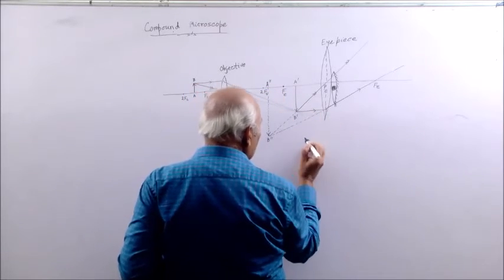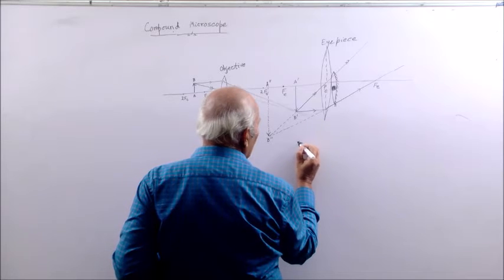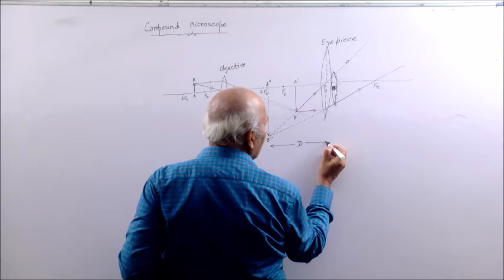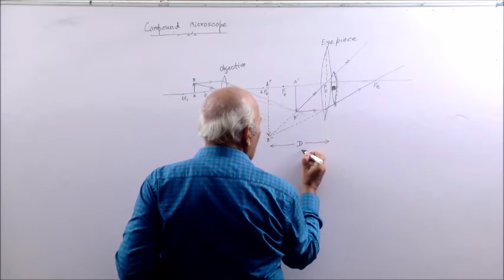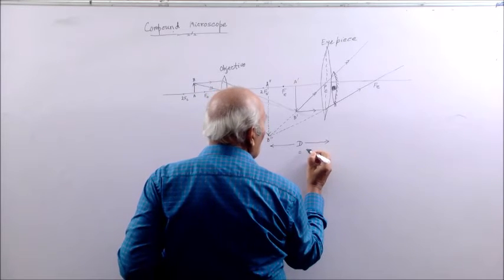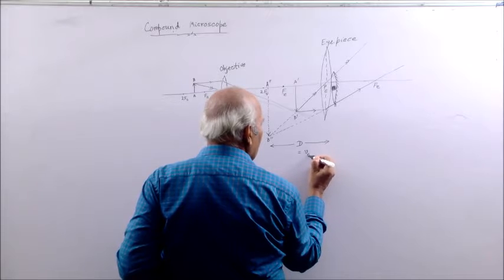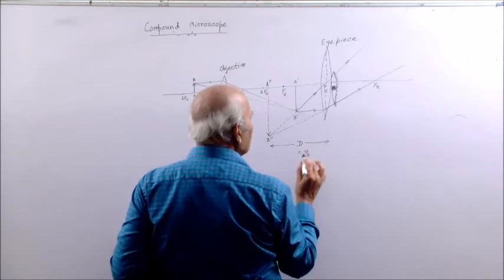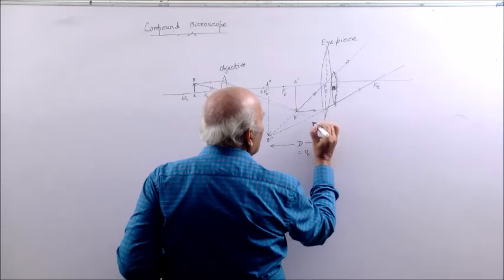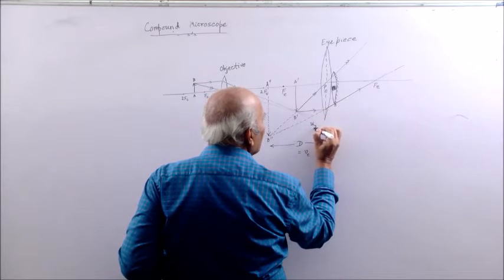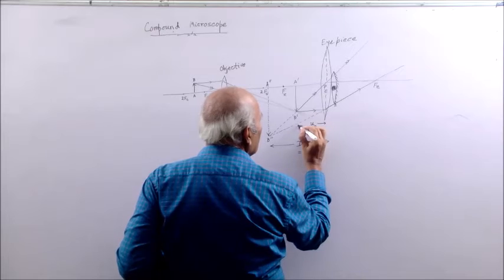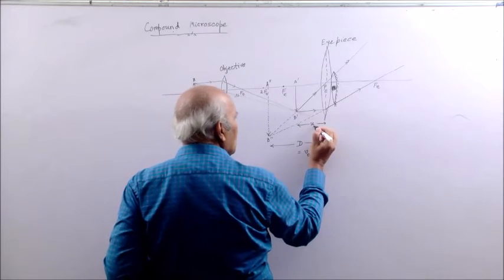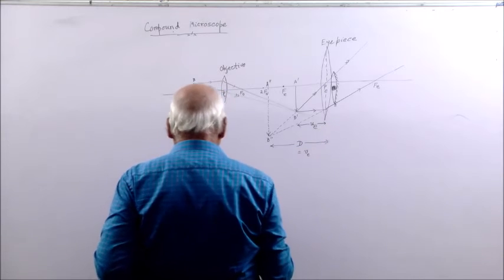So, here this is your D, the least distance of distinct vision, and that is also equal to VE. Let us not write about the sign conventions, it is VE. Similarly, it is also UE, U eyepiece.